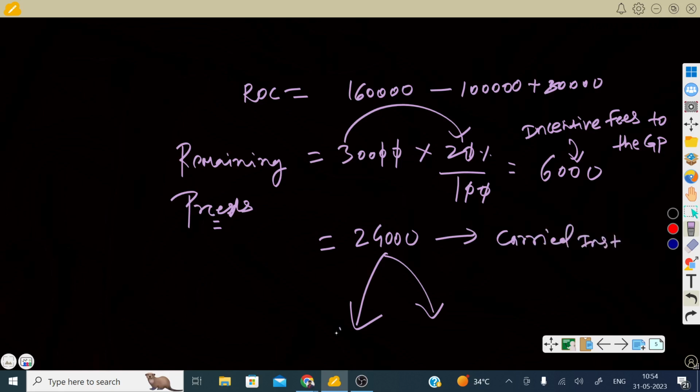You would see the 20-80 ratio, meaning 80% to the investors and 20% to the general partners. So split that and apply it in the books of the fund, and apply the same accounting treatment in the books of the LP. You can record this one, and in the books of the GP you can record this one. This is how, in private equity, we apply the treatment in the books of the fund. This process we call a distribution.